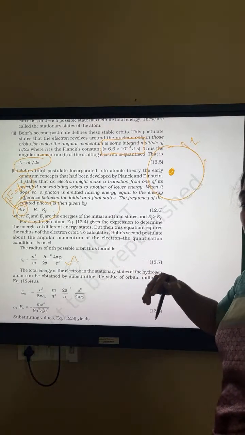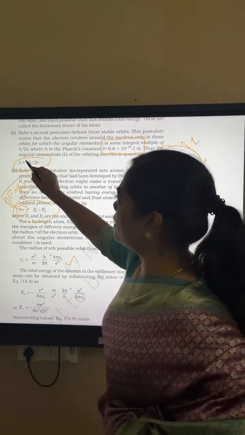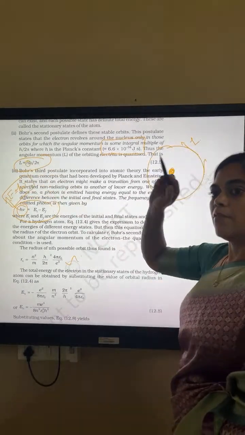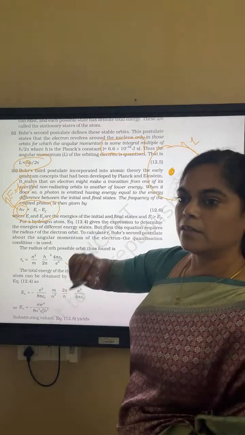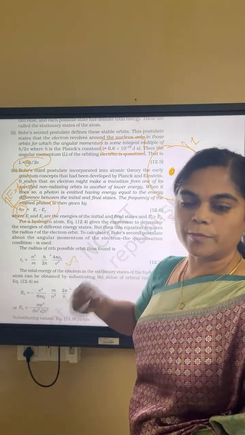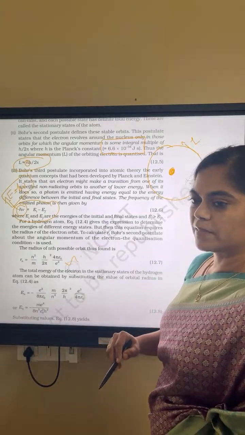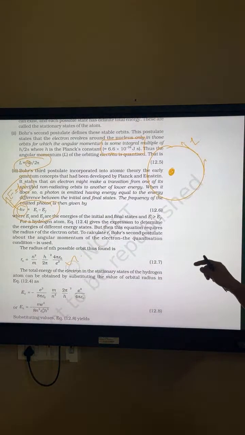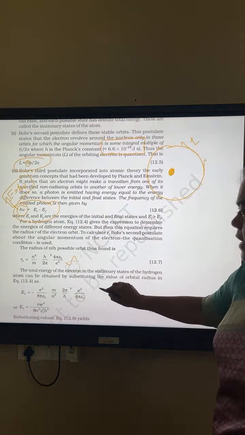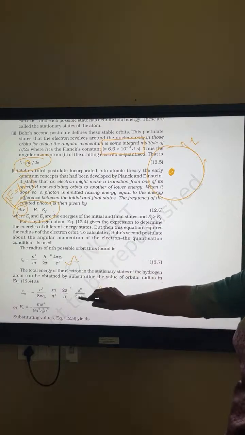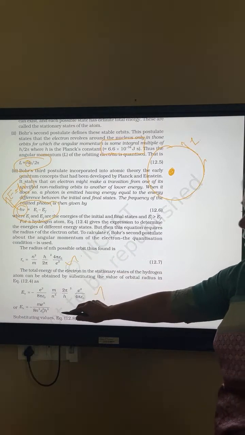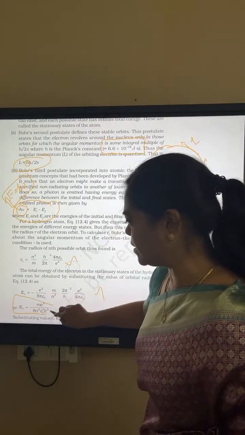So why is it an integral multiple of h by 2 pi? This n comprises first orbit n equal to 1, second orbit n equal to 2, third orbit n equal to 3, like that. Clear? Then this energy and radiation we have already learnt, right? This generally denotes the nth orbit.